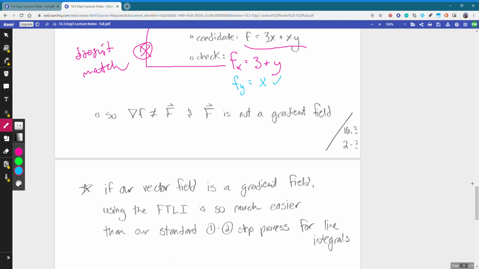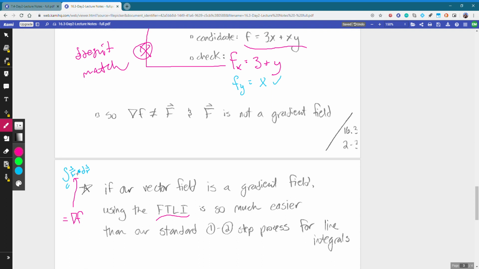And somehow, in terms of integration, the point of all this is that, well, if we're doing a line integral of a vector field, and our vector field actually is a gradient field somehow in disguise, well, if we can figure out this function little f and kind of see our vector field as a gradient field, well, then the fundamental theorem of line integrals is so much cleaner to use than our standard, parameterize our curve and translate our integral process that we use just for computing line integrals and line integrals for vector fields in general, right?